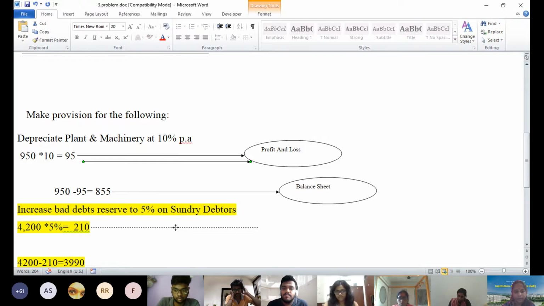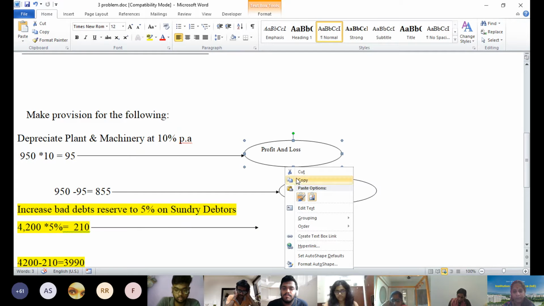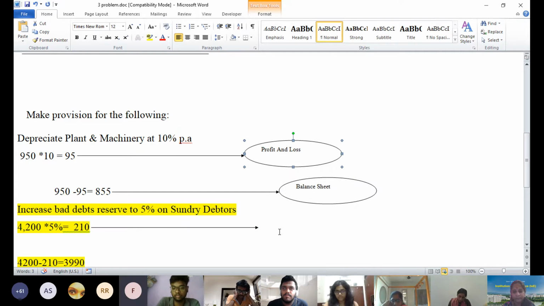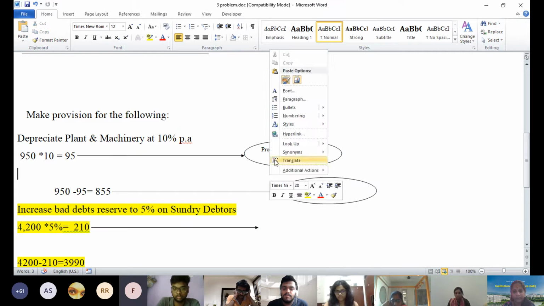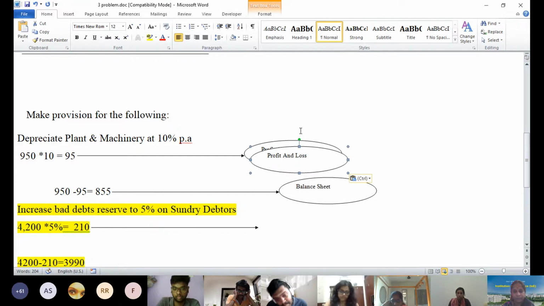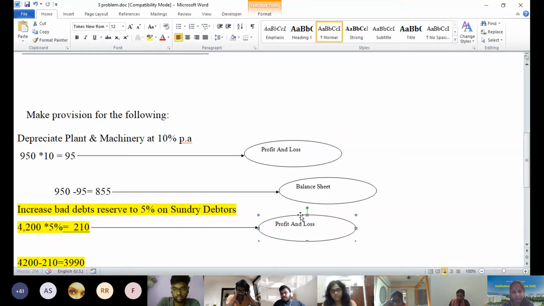Who asked me that question? Who asked me bad debts should be increased? Farhana? Yeah, tell me, why did it suddenly come to your mind that it has to be increased? Ma'am, it says increase bad debts reserve. Oh, yeah. So that means you will add it up?